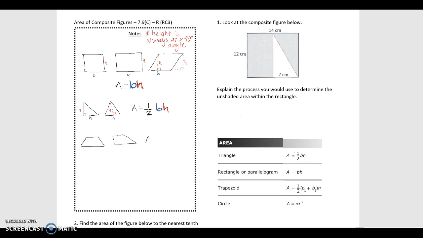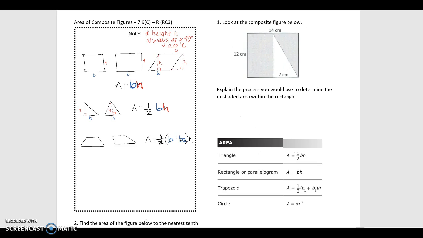So for that, our formula is going to be area equals 1/2 base 1 plus base 2 times height. Okay, so again, the 1/2 is just part of our formula. That's something that you're always going to just write in. So we have 2 bases in this situation, okay? So we have base 1 and base 2.